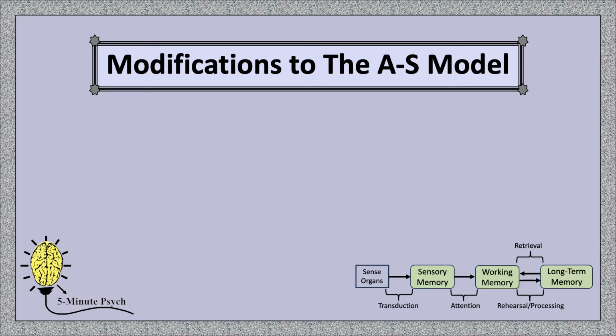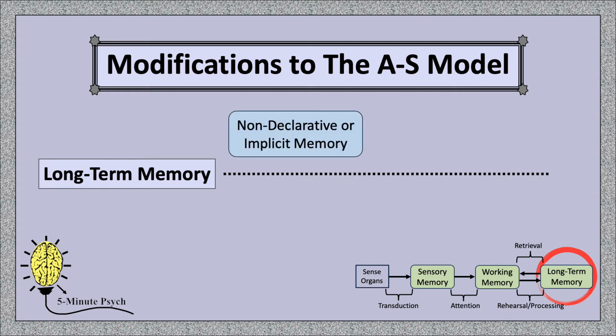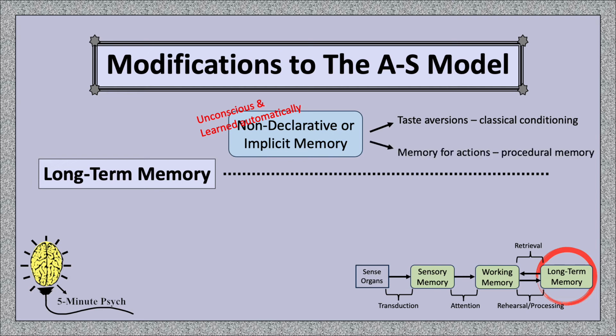The Atkinson-Shiffrin model makes it seem like long-term memory is just one thing, but modern psychologists think of different types of long-term memory systems that can be subdivided according to whether they are conscious of the memory or not. Non-declarative memory, also known as implicit memory, includes information that we learned automatically, like with taste aversions, and actions that we can do without knowing how, like knowing how to ride a bike.